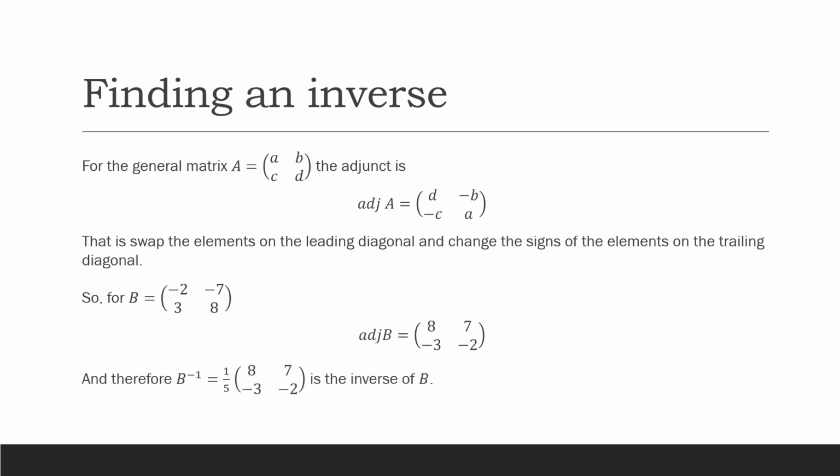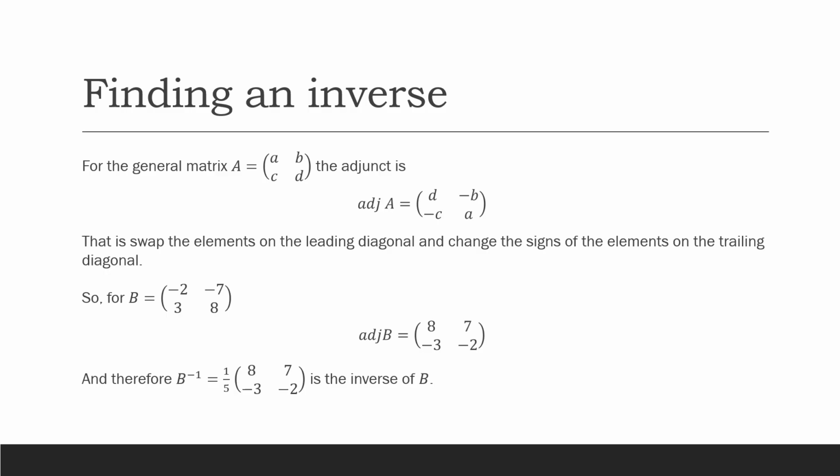So the inverse of B is, well, let's first quickly work out its determinant. The determinant will be minus 2 times 8, take away 3 times minus 7, which is effectively plus 21.